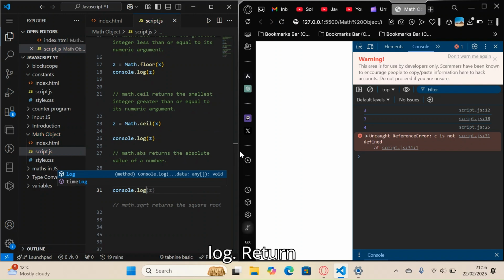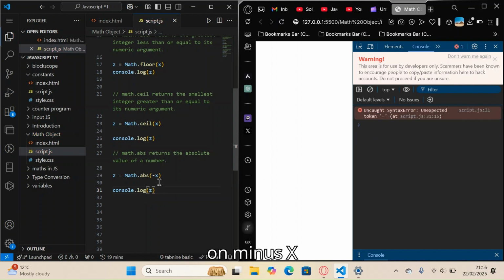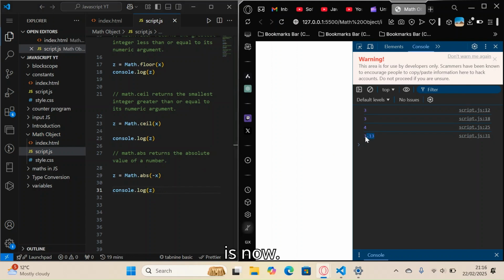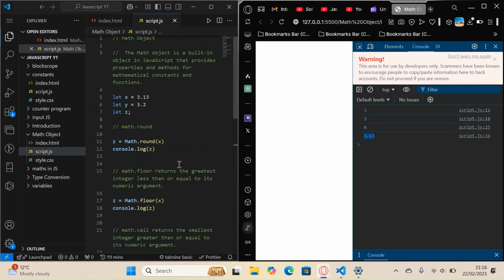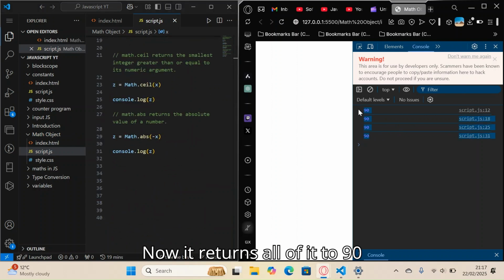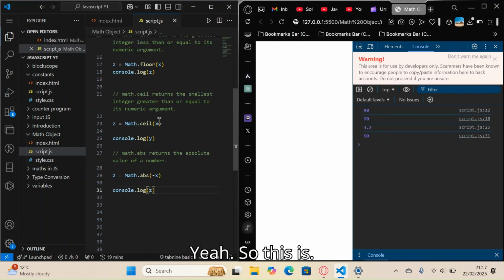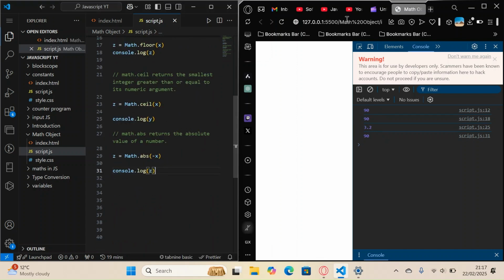Console.log z, which is now, earlier on minus x, now positive x, which is 3.13. If we change it to just 3, it'll be just 3. Or 90. Now it returns 90, because it's the same thing, we return everything from z. Yeah, so this is math.abs.